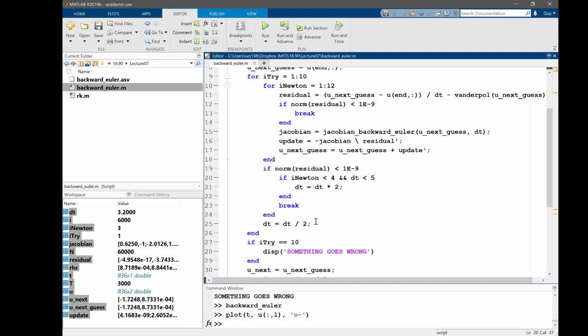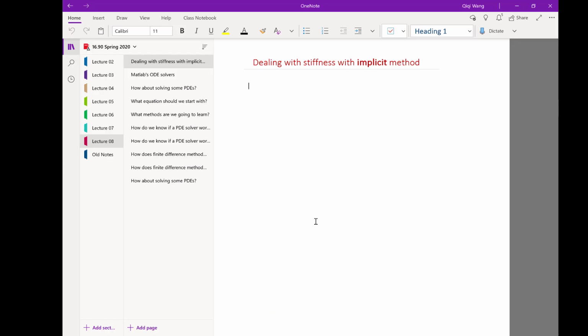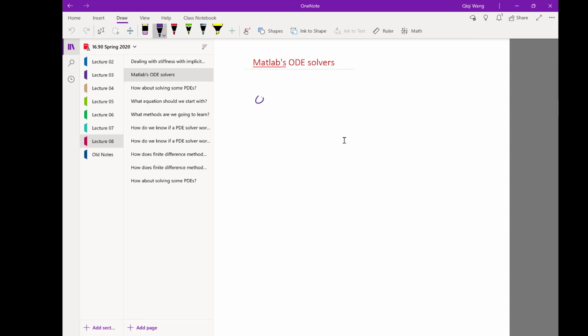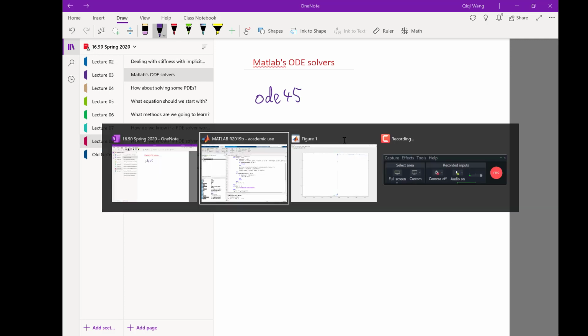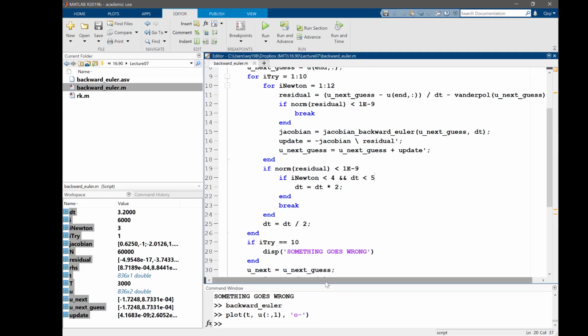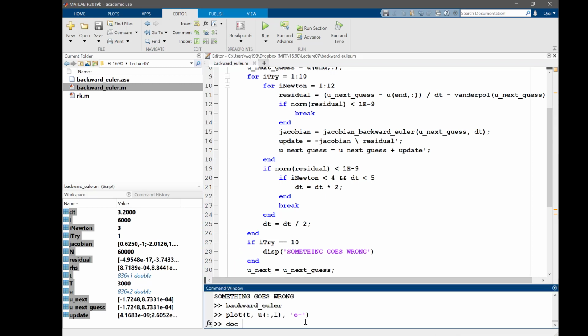So that leads us to a tour of what MATLAB has. MATLAB has a bunch of ODE solvers. The most famous one is probably ODE45. I think a good way is probably just to look at the documentation of ODE45.